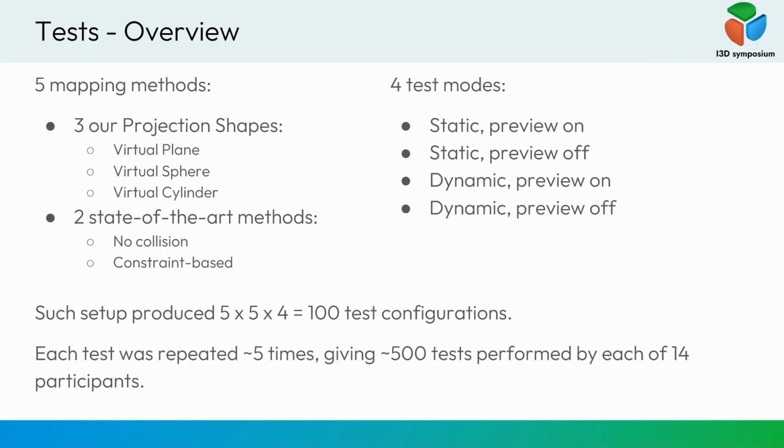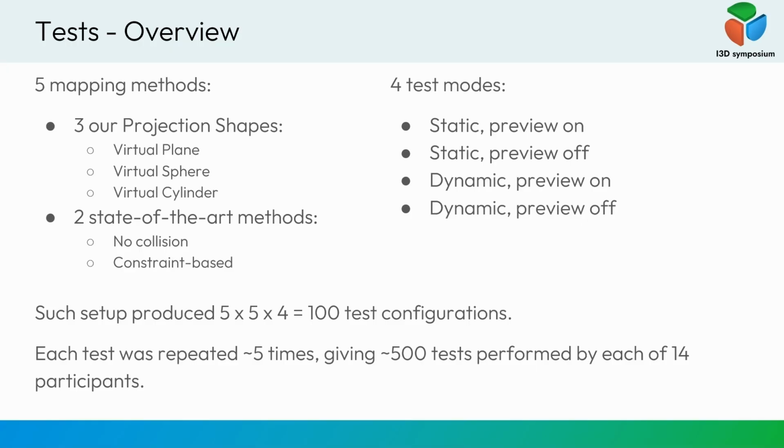To test all methods and find which was overall the best, we tested 5 mapping methods, 3 our own projection shapes, that is, virtual plane, virtual sphere, and virtual cylinder, and 2 state-of-the-art methods, that is, no collision and constraint-based. On top of that, we had 4 test modes, either static or dynamic, with the follow trajectory being switched on or off.